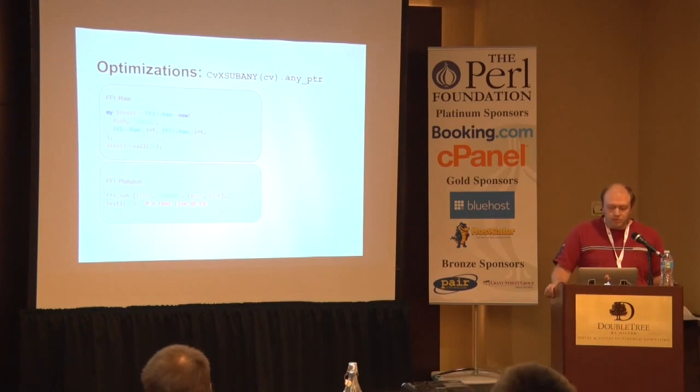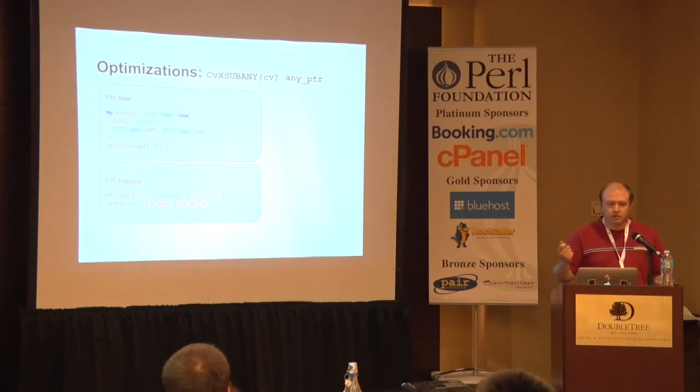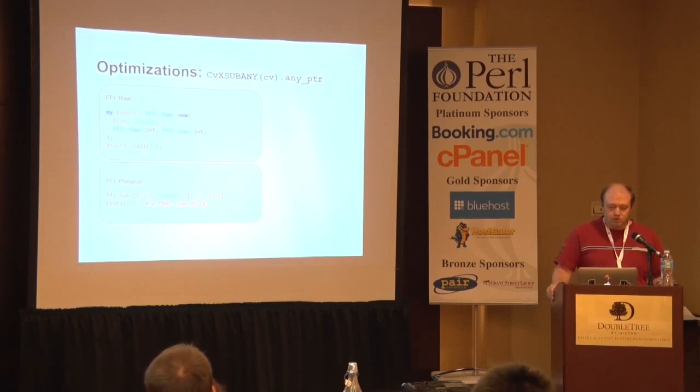The trick to doing this took me a while to figure out, but it was using something called CvXSUBANY. A CV is a code value. It's basically the thing that a code reference points to, and you can attach a pointer to that. So the actual C function that implements the calls is the same for every single function, but the code value is different.